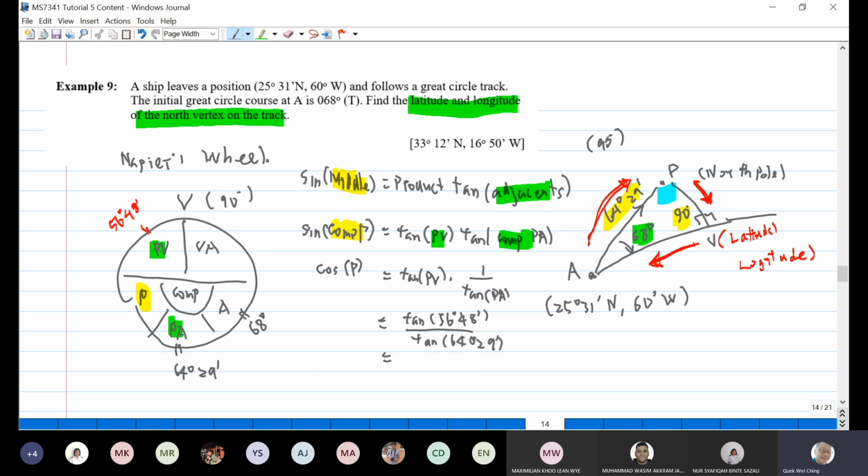For this one I need a calculator, so let me press the calculator: tangent of 56 degrees 48 minutes divided by tangent of 64 degrees 29 minutes.